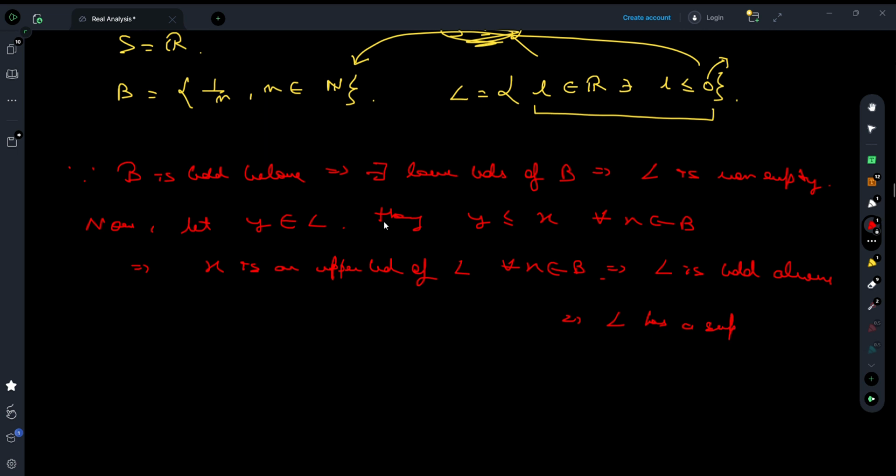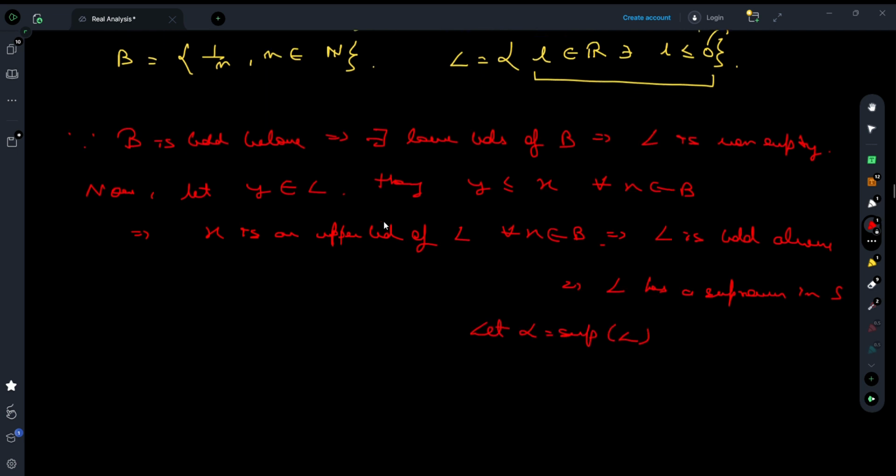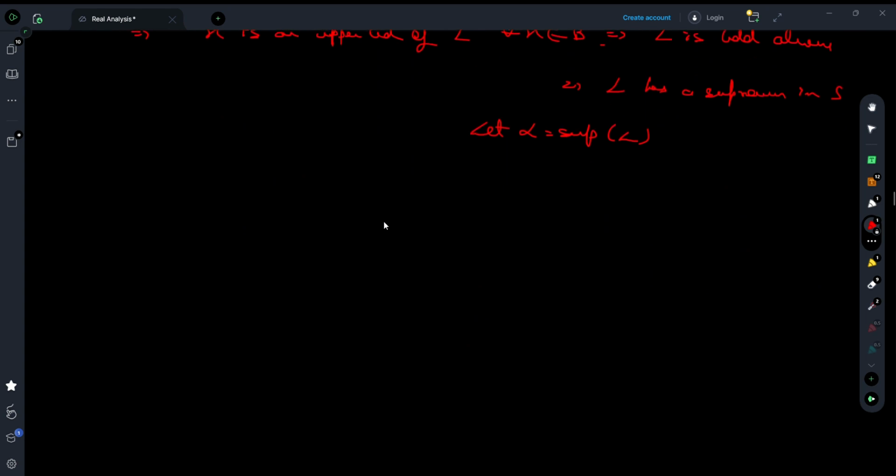So this means that L is bounded above, which implies that L has a supremum in S because S has the least upper bound property.